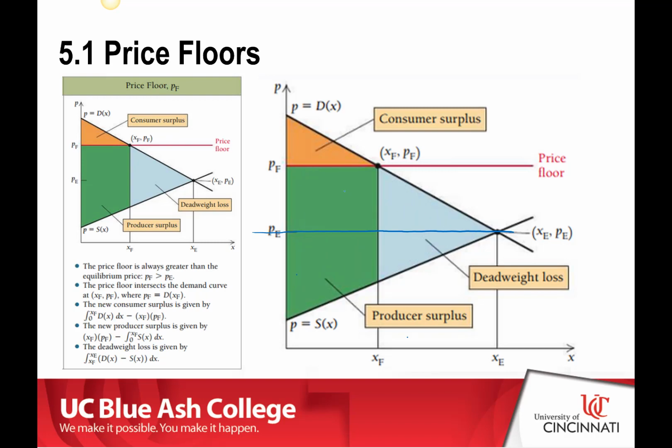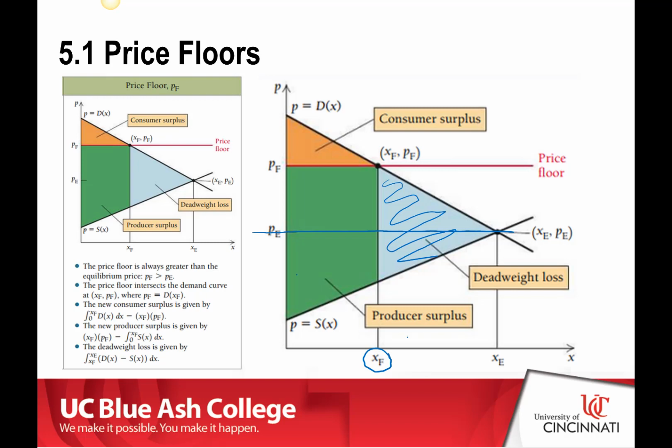As soon as a price floor is implemented, both sides lose out on this blue triangle area, because with a price floor, only this many units wind up being purchased. Notice I said purchased, not produced.